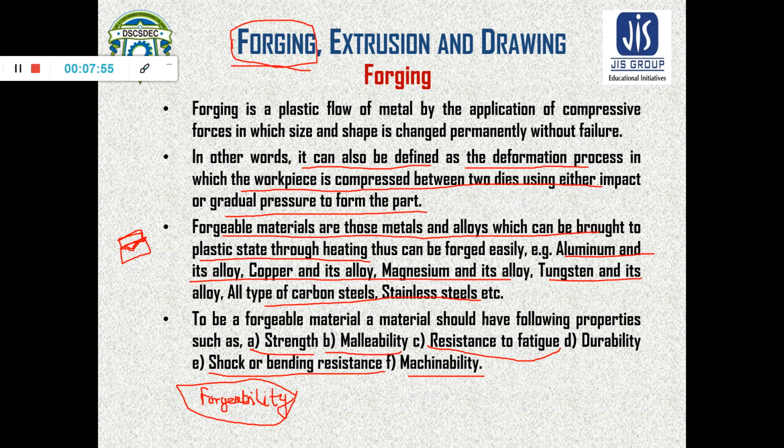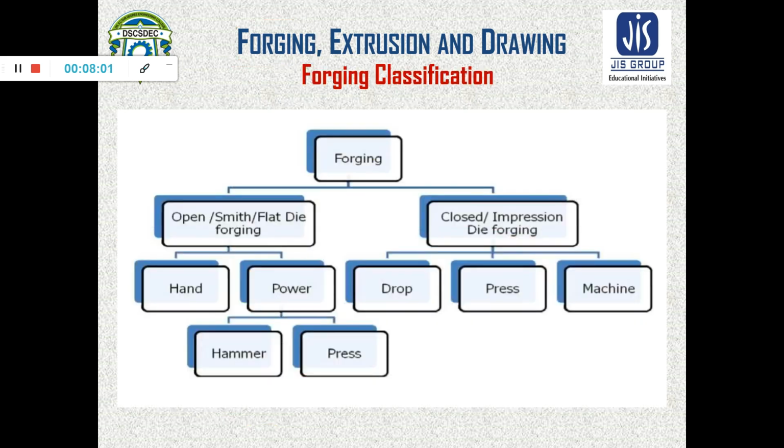Till now I guess we are clear. Now we will see about what is the classification of forging. So there are two types of forging. First one is open or smooth or flat die forging. Secondly, that is closed or impression die forging. In case of open or smooth die forging, that is subclassified in hand forging or power forging.